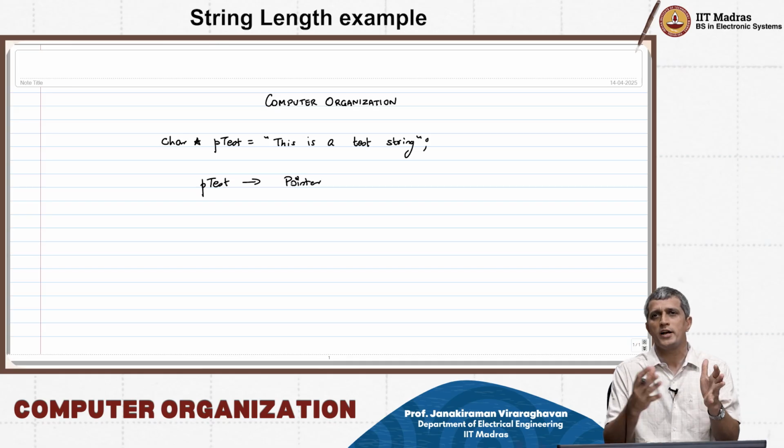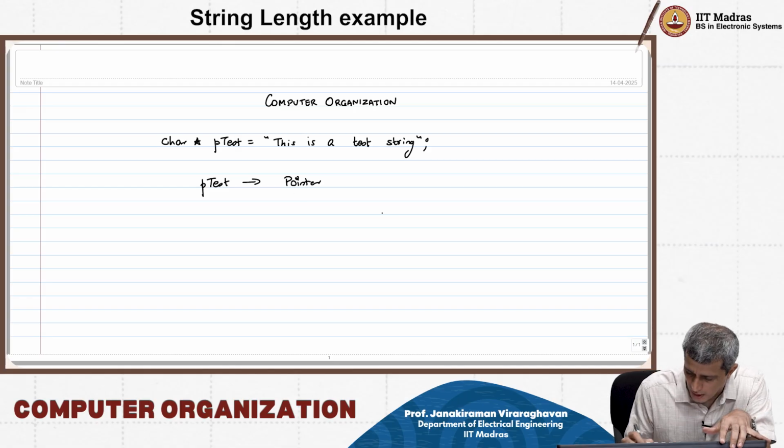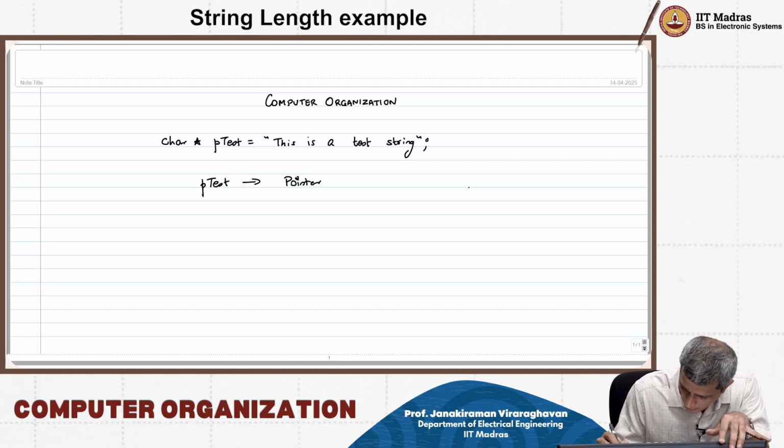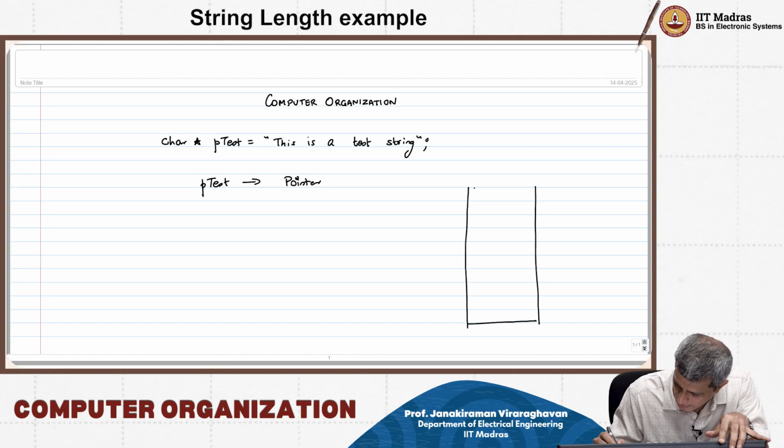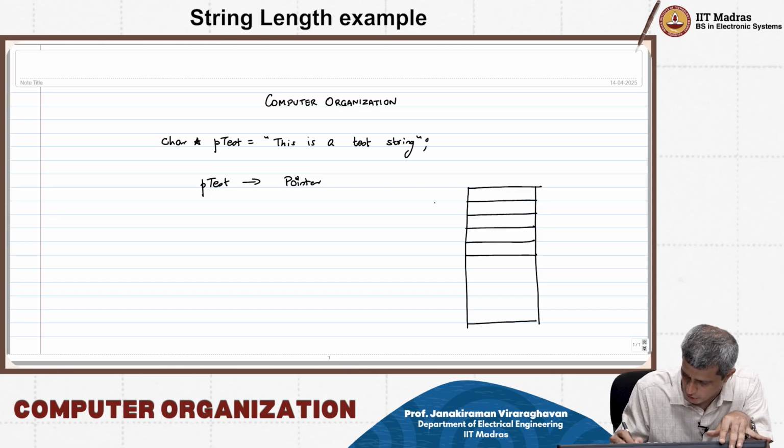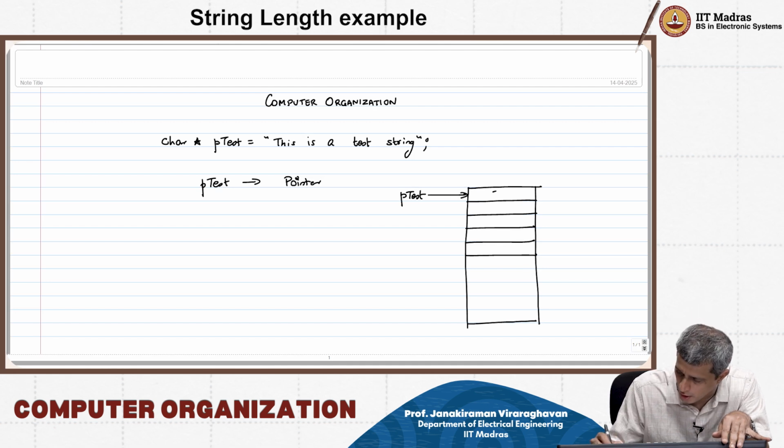If you look at what is going to happen, p test is basically a pointer to a character array. If you look at the picture of the memory here, somewhere in the data segment, each rectangle being a byte of information, my p test will be pointing to this location. Here you will have the ASCII value of t, then h, i, s, then an ASCII for space.